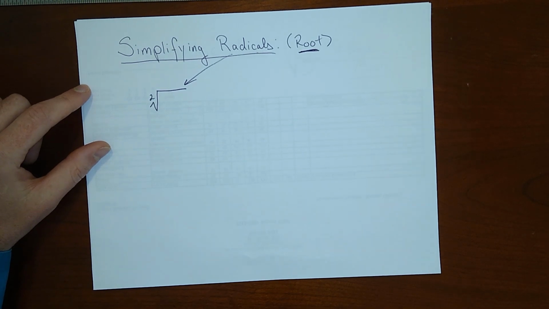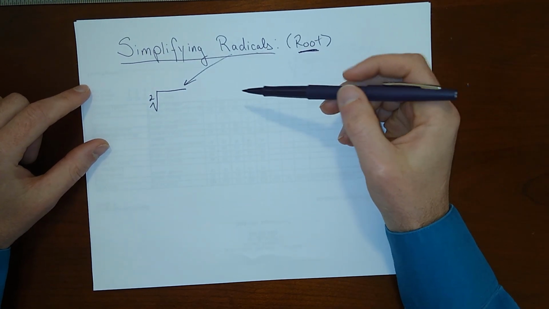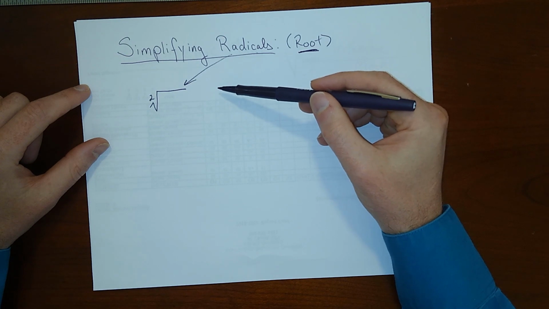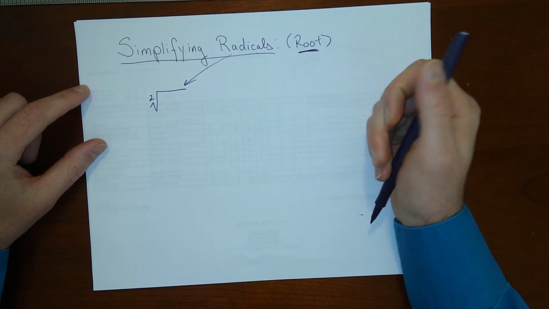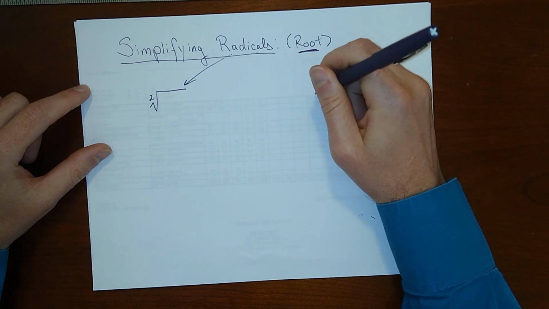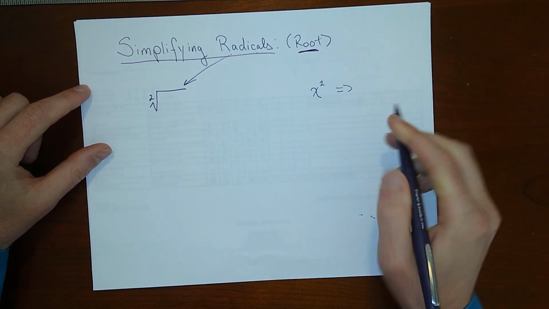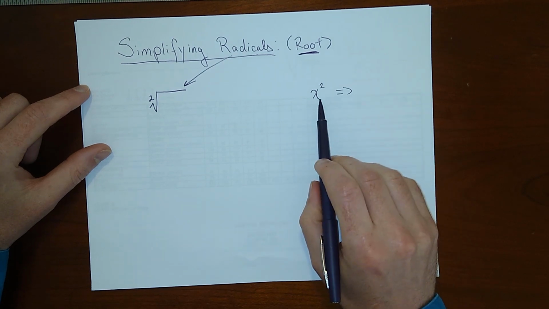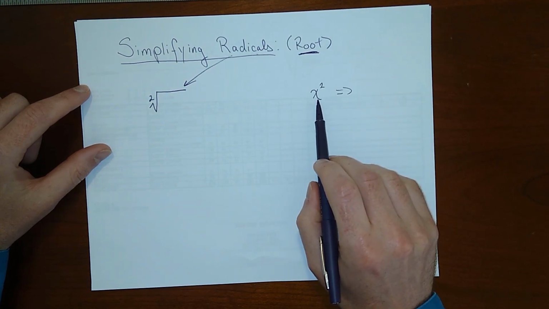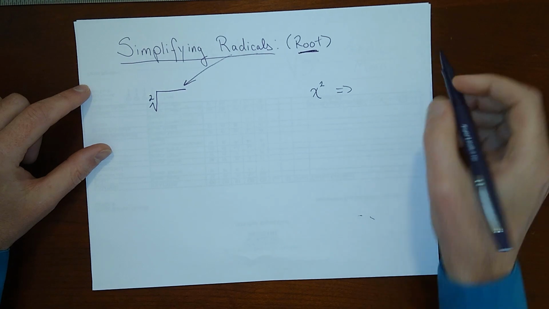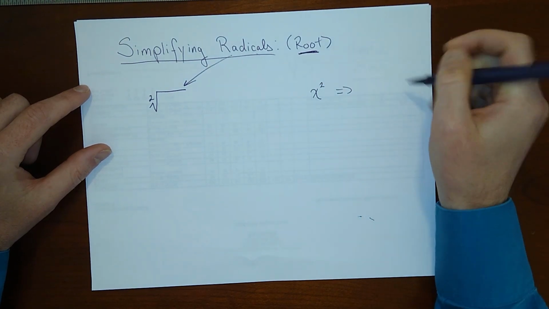And what the radical does, its function is to undo squaring. It is the inverse function of squaring. So if I have something that's squared and I want to reverse that and get back to the original number that I had, I have to operate on this with the radical.